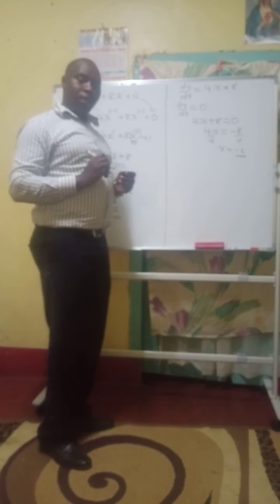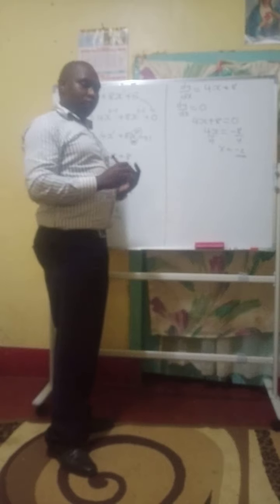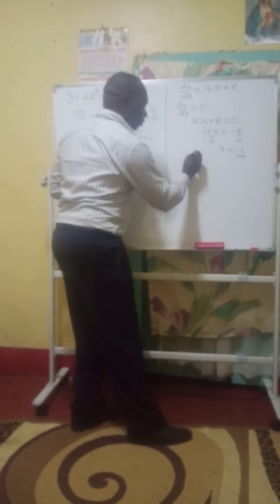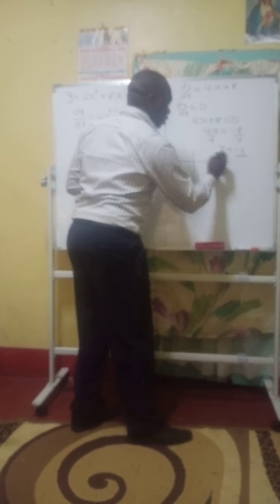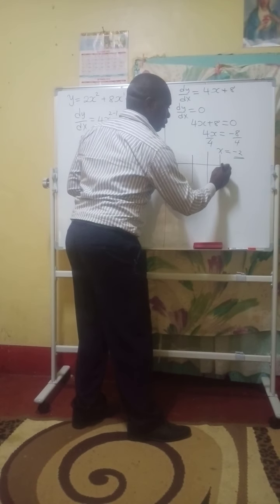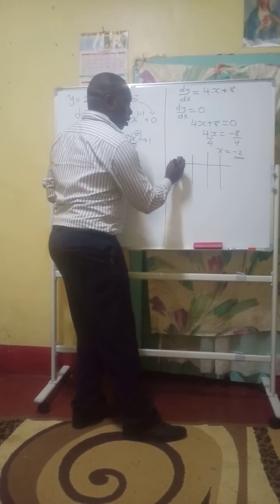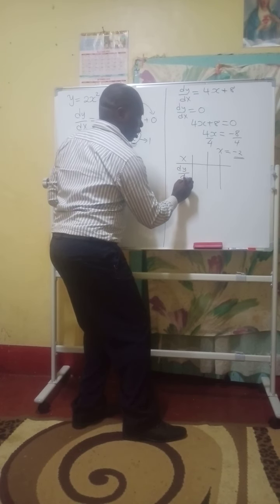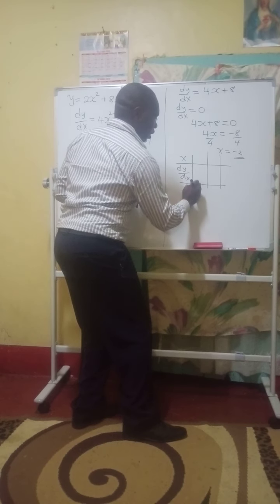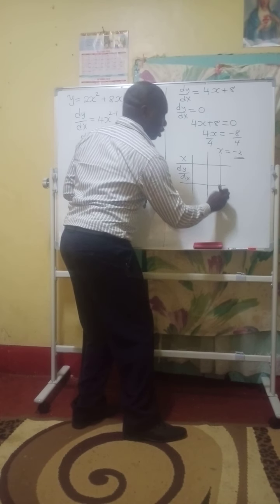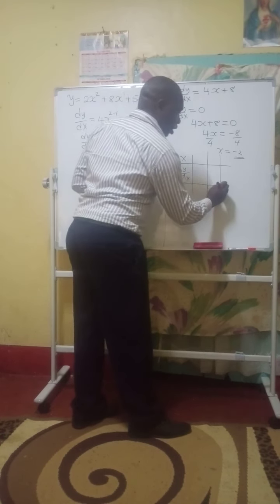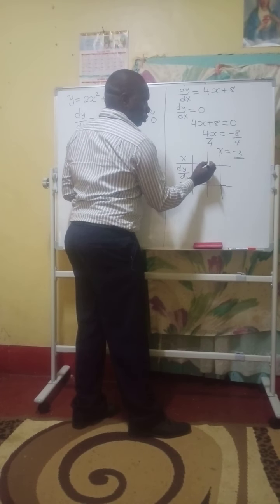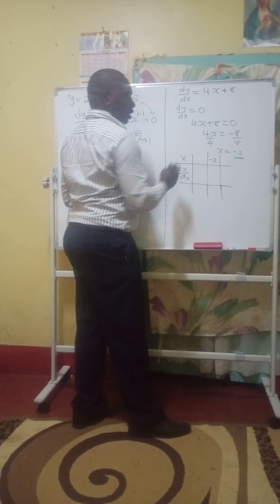So we want to determine what is the nature of that turning point. So we are going to make a very simple table here as follows. Very simple table. This is the value of x. This is dy/dx. And then we can have another row here where we are going to demonstrate the nature of our point. So this value negative 2 should appear at the middle there.